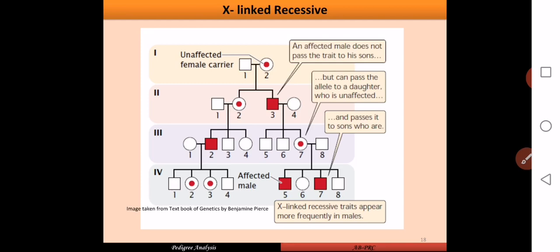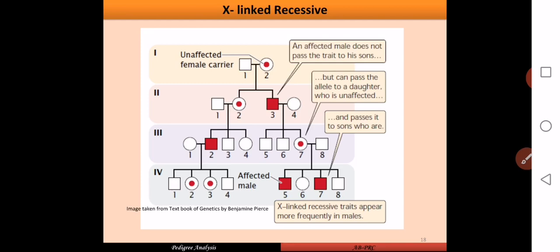Even if he marries a healthy individual, it is possible to have carrier individuals among their offspring, right? In that way, the transmission occurs. Usually they do not skip generations. At least one individual in every generation will be affected. So this is about the X-linked recessive trait.